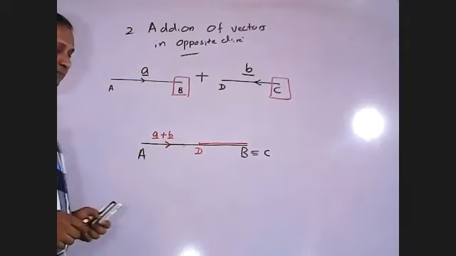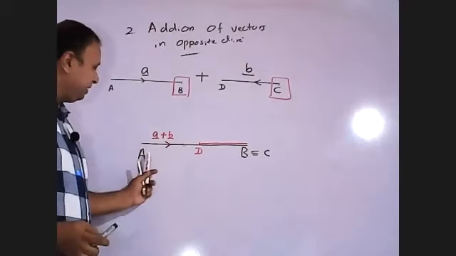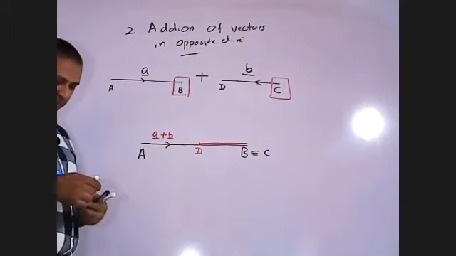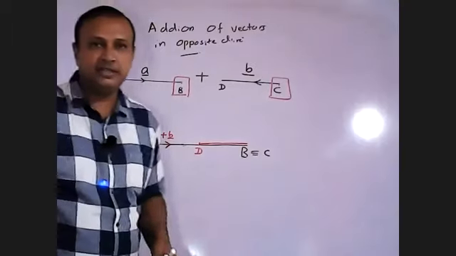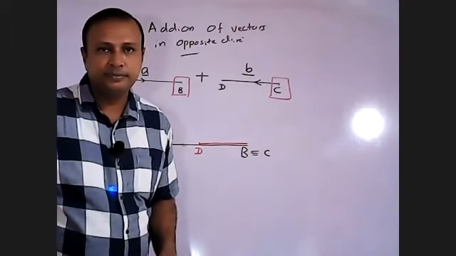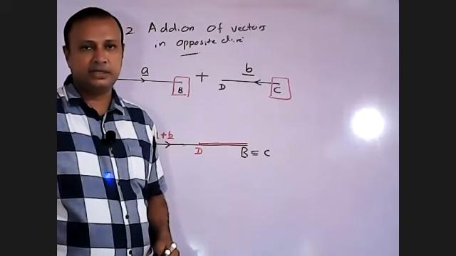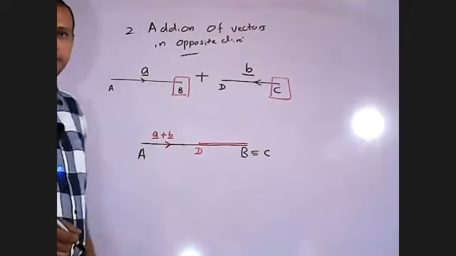I need your response. So the addition of A and B is equal to the AD vector. Good. Others? Okay, good.